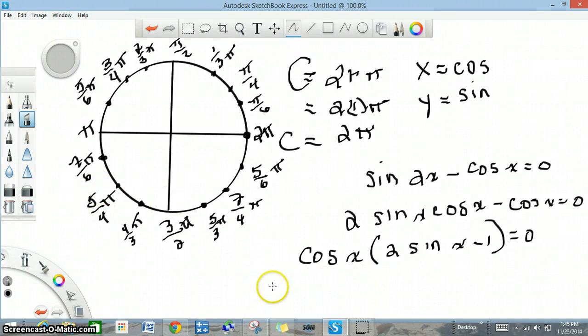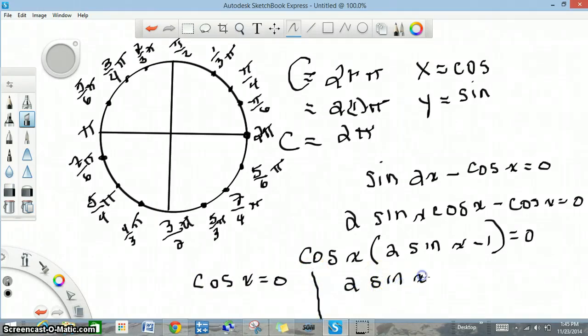Now, we can further factor this to say that the cosine of x equals 0 and 2 times the sine of x minus 1 equals 0.